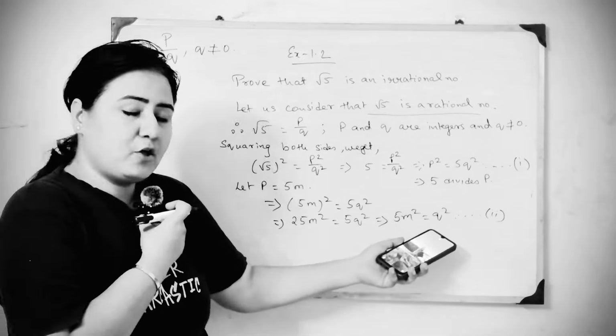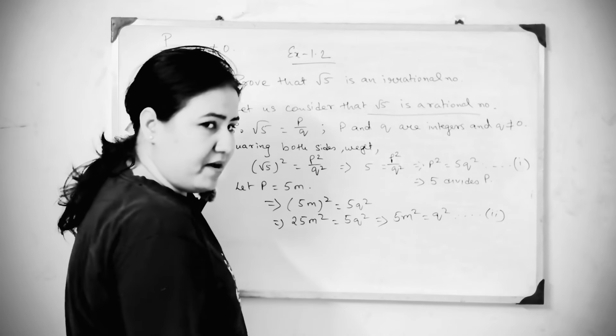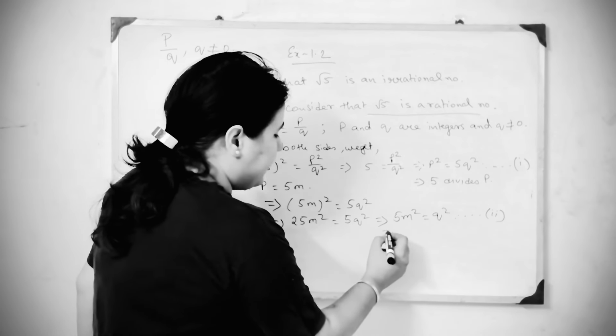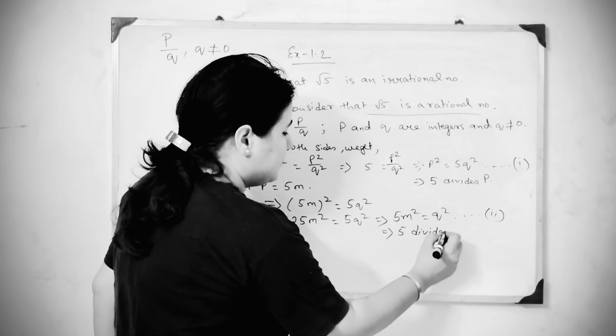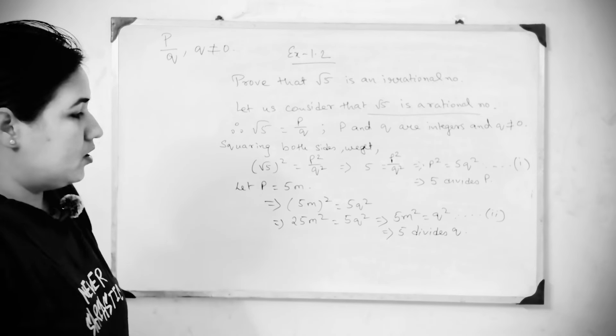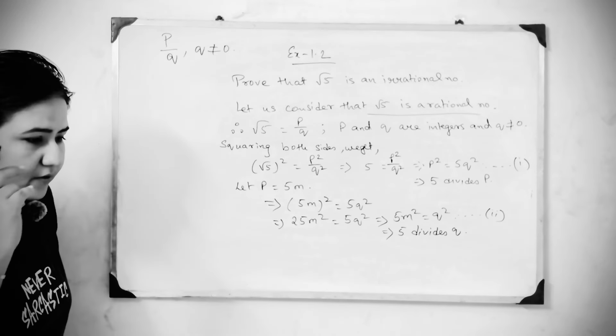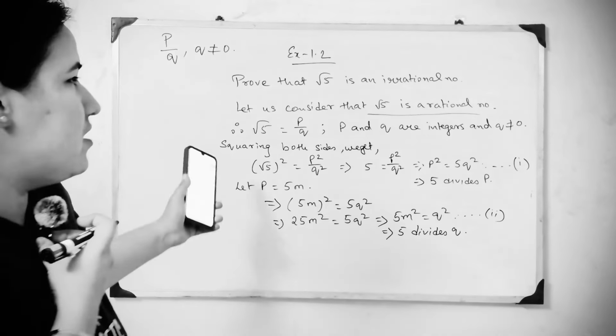Similarly, from equation 2 I can conclude that 5 can divide q as well, right? So this implies that 5 divides q. So now please recall the definition of a rational number.